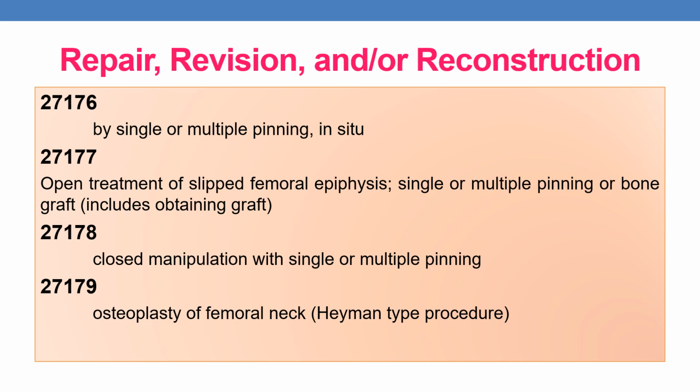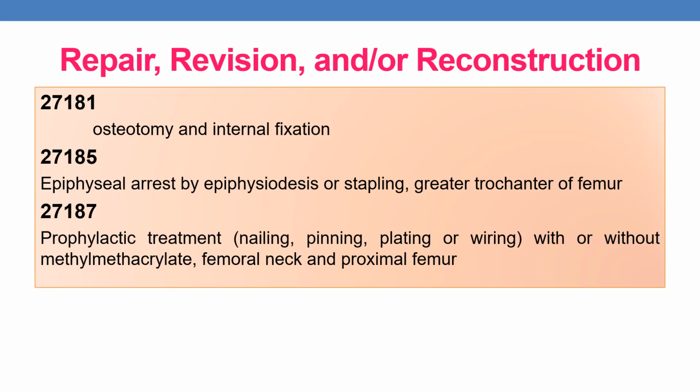The next is 27179. It deals with open treatment of slipped femoral epiphysis with osteoplasty of femoral neck. For example, Heyman type procedure. The next CPT is 27181. It deals with open treatment of slipped femoral epiphysis with osteotomy and internal fixation.